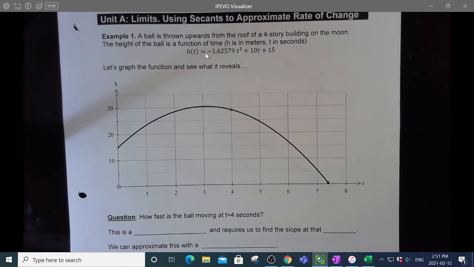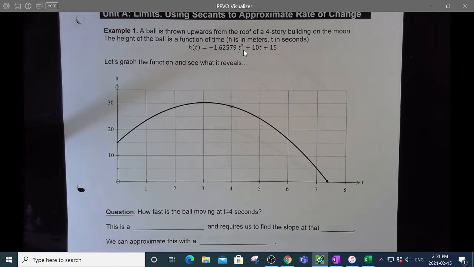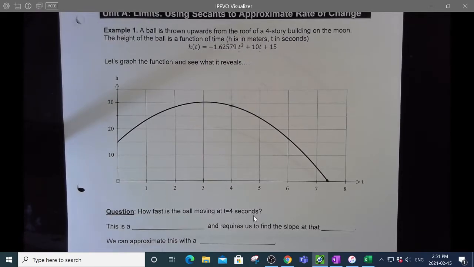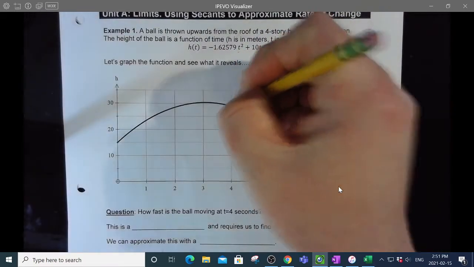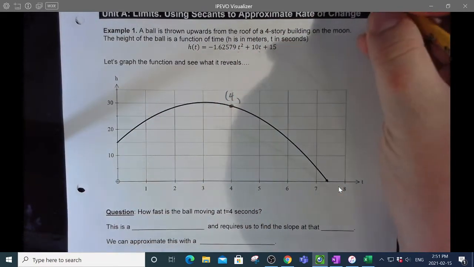This is the formula that I have to put numbers through, and it says that we want to know how fast the ball is moving at 4 seconds. So that means we need this point here, which has an x-coordinate of 4.